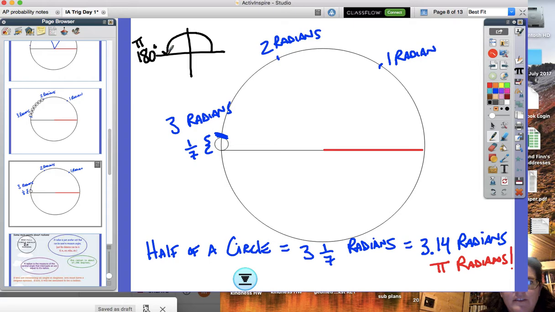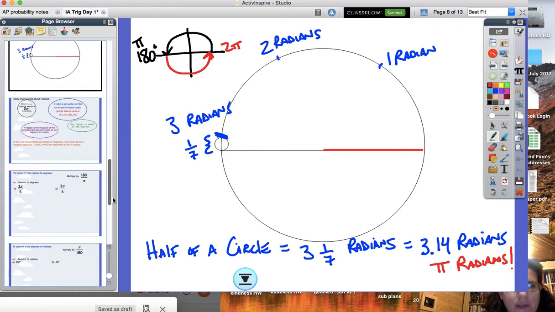So if half of a circle is 1 pi, then going all the way around a circle would be 2 pi. And we're going to work on splitting up this circle into radians more, and then converting from degrees to radians and all of that.